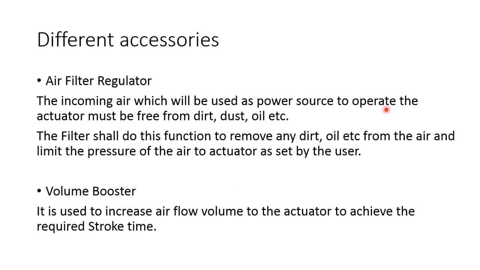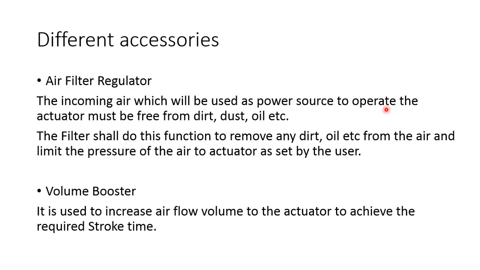Next is the air filter regulator. The incoming air which has been used as power source to operate the actuator must be free from dirt, dust, oil, etc., because they are coming from some compressors. The filter mostly does is to remove all the dirt and oil, and also you can limit the pressure of the air that goes to an actuator.